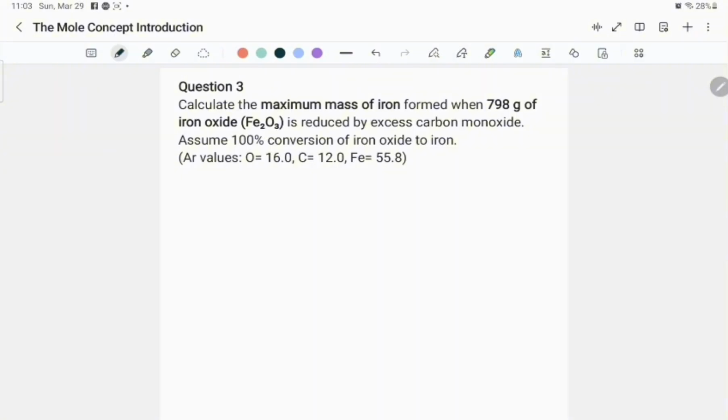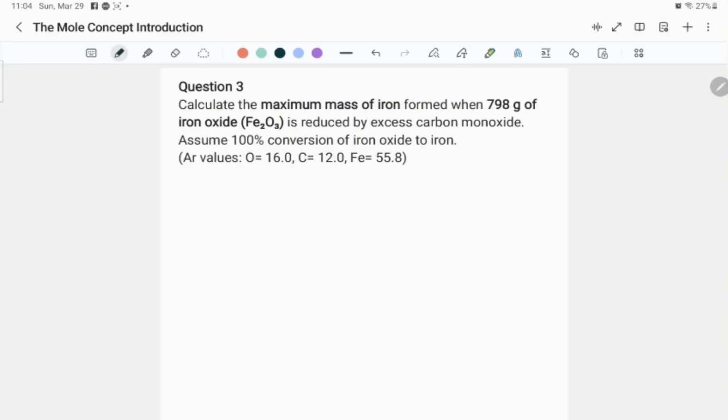What this is saying is that we want to find how much iron is formed from iron oxide when reacted with excess carbon monoxide.